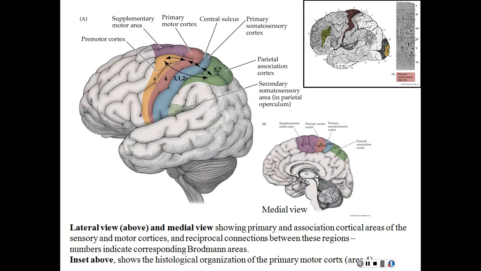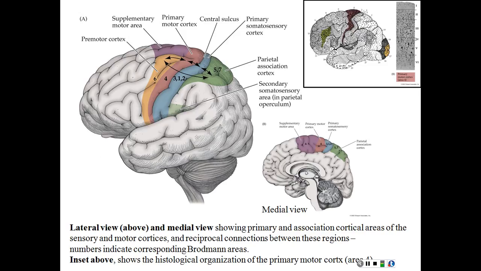All right. So we have our primary motor cortex that is distinct functionally, distinct histologically from all the other tissues around it in the cerebral hemispheres. And I want you to recognize the fact that in this lateral view here, our primary motor cortex extends all the way right from the big interhemispheric fissure between the left and right hemispheres, extends all the way down here laterally in front of this very deep groove called the central sulcus.